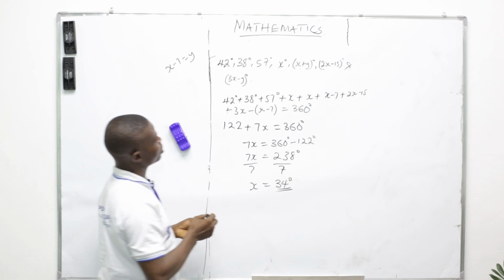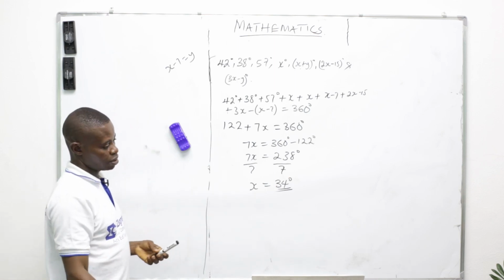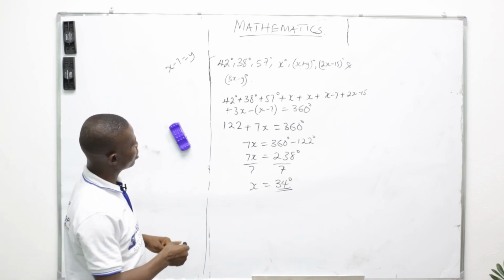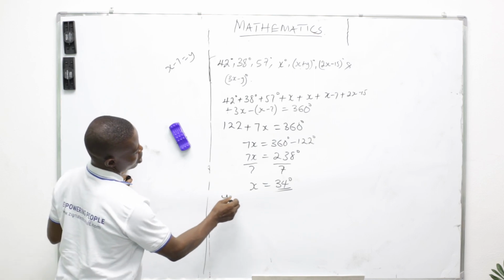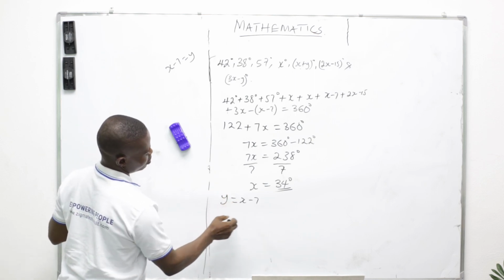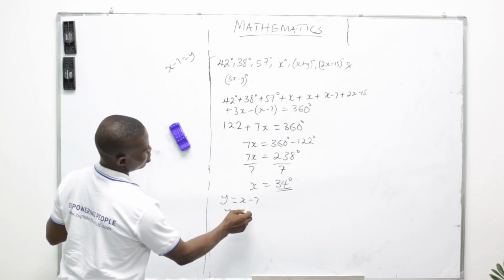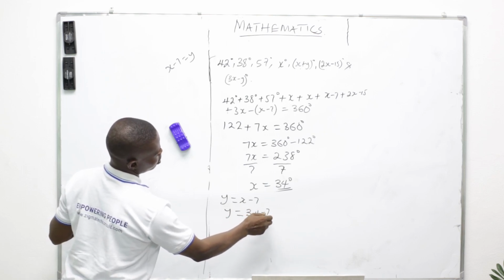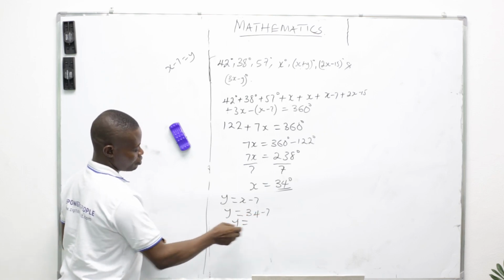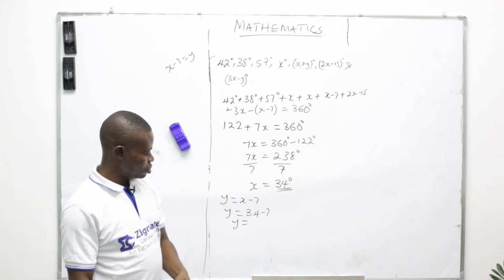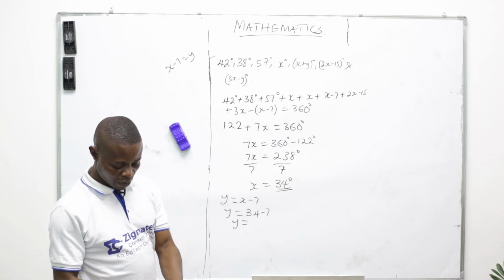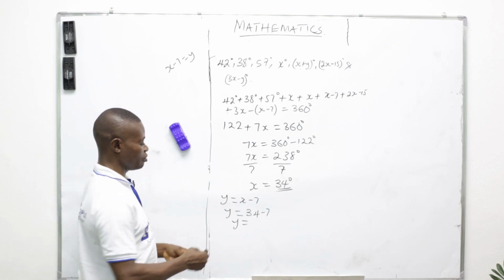34 degrees. Recall that y equals s minus 7. So y equals 34 minus 7, which gives us 27 degrees.